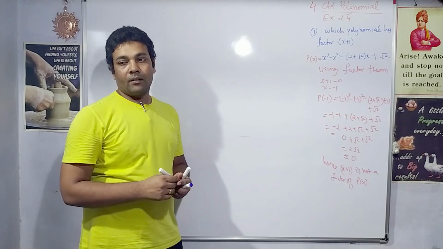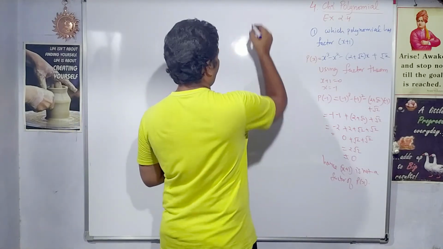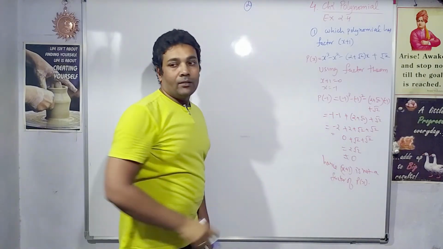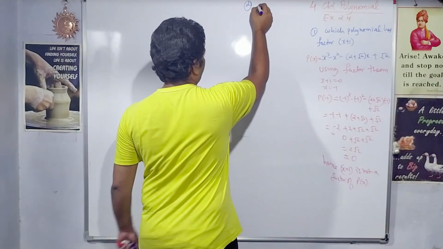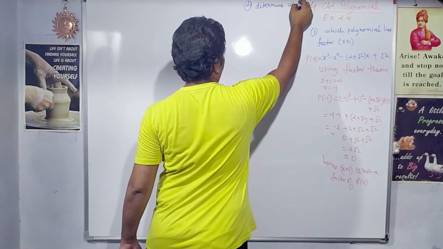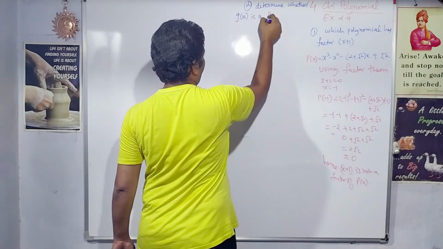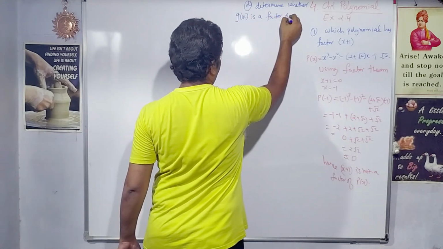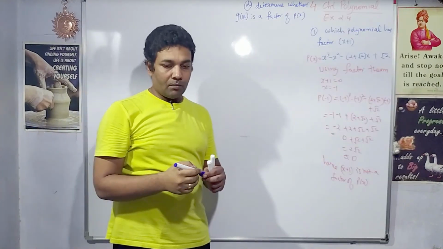Absolutely right. So next one, question number 2 we have. What does the question say? Determine whether g of x is a factor of p of x. So this is one polynomial, this is another polynomial.